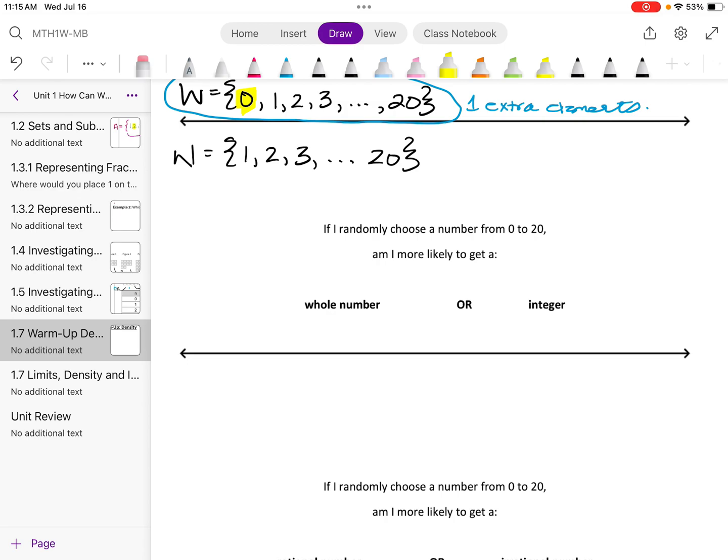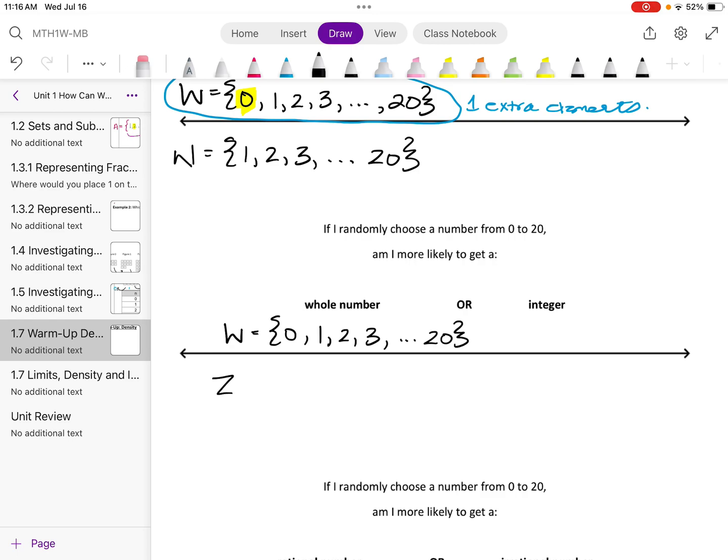If I chose the numbers from 0 to 20, am I more likely to get a whole number or an integer? Okay, so whole numbers include 0, they go up by ones, and they end at 20.